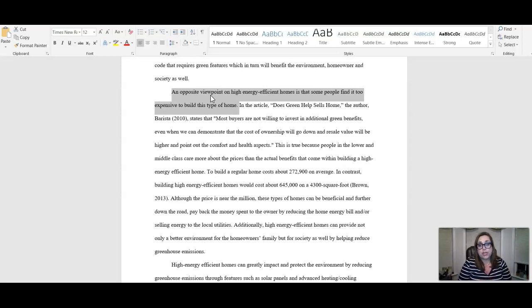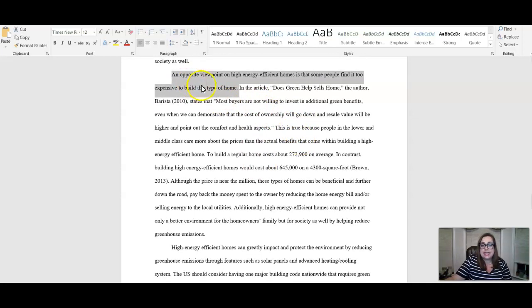One of the things he argued in his proposal in the essay was that in the long run, the homeowner saves money because they have a more energy efficient home and their electric bill is less. And sometimes you can get governmental kickbacks and grants and things to do the energy efficient parts of the home.